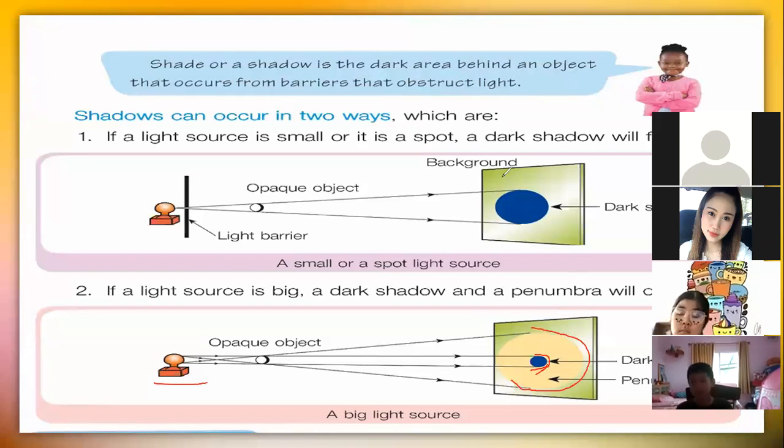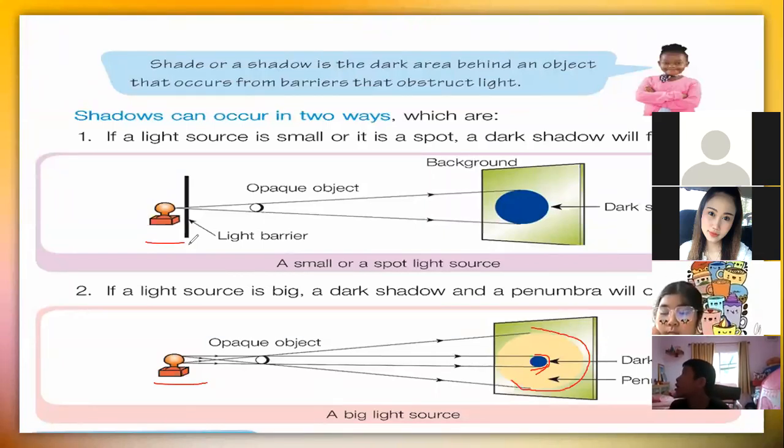Okay, students, do you understand that? Two different shadows occur. First, from a light source that is a small spot: if a light source is small or a spot, a dark shadow forms. If you have a big light source, a dark shadow will occur as well, and apart from that it will also create a penumbra.